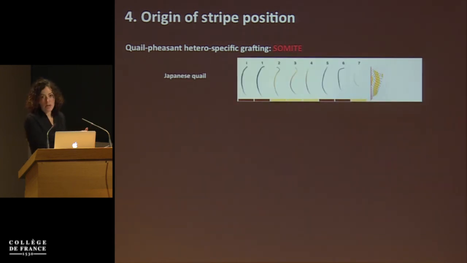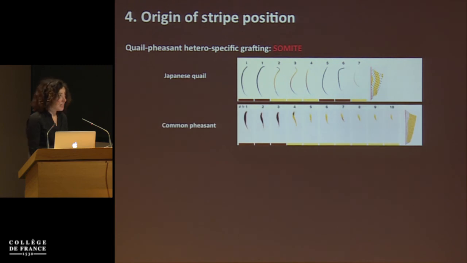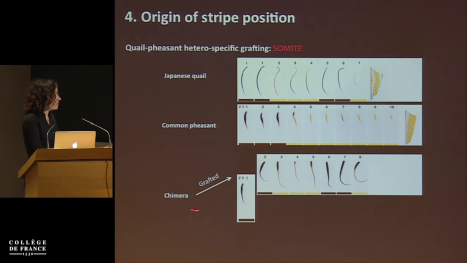Just as a reminder, this is the case of the quail, the color code: black, black, 3 yellows, 2 black, 1 yellow. This is for the pheasant: 3 black, 7 yellow. This is for the grafted side of the chimera. You can see that the color code was 2 black, 3 yellow, 2 black, 1 yellow, so exactly the same as that of the Japanese quail.